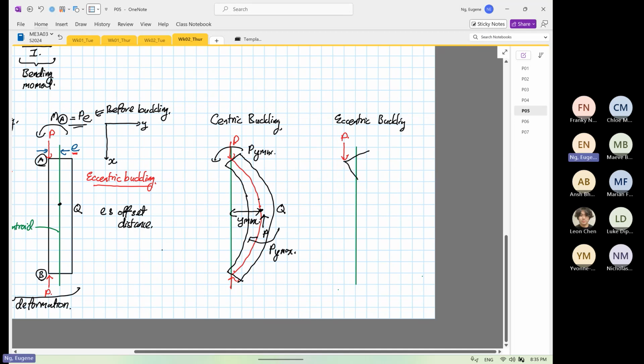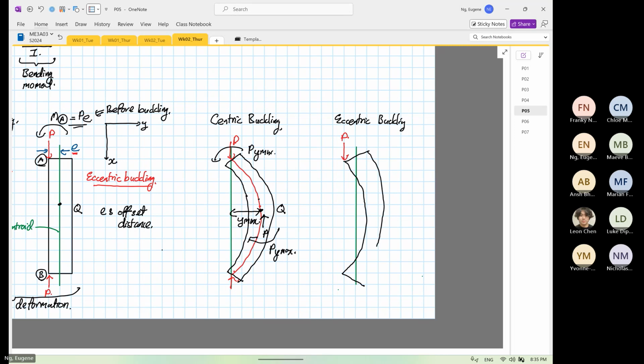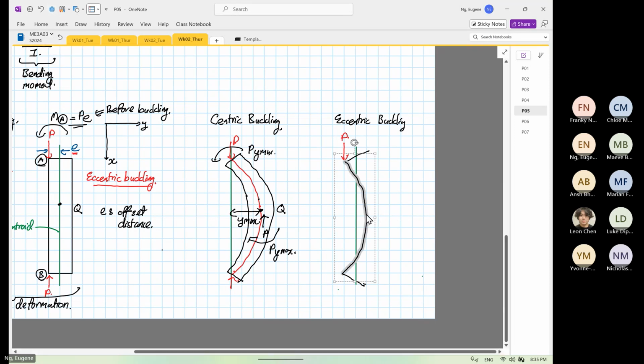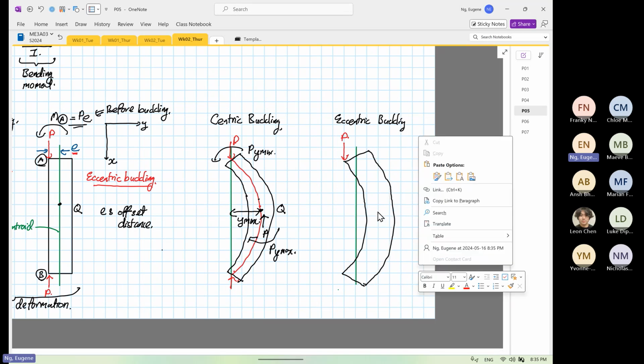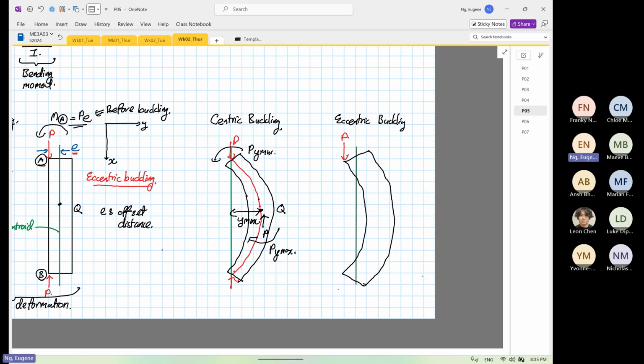So this is our deformation pattern. You know what? I will do this. Just make sure I can stretch this. Okay, good enough. And then we have our deformation axis.